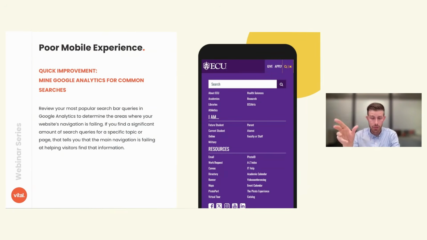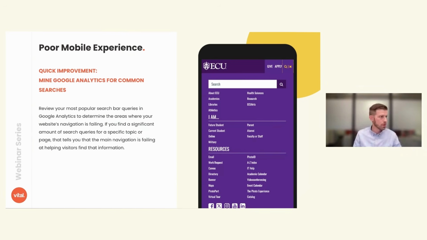And a quick improvement, the way that we think about search here is a lot of times search is a great usability test for your website. What you should be doing is going into Google Analytics and looking at your search data. What are the queries that people are searching your search box for? Because that will usually tell you where your website navigation is failing.